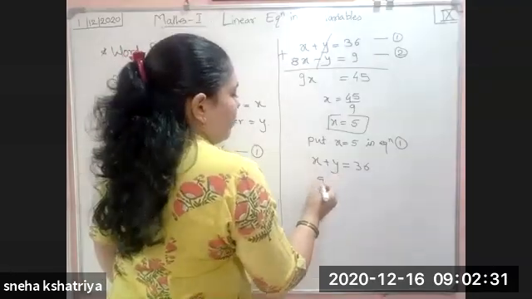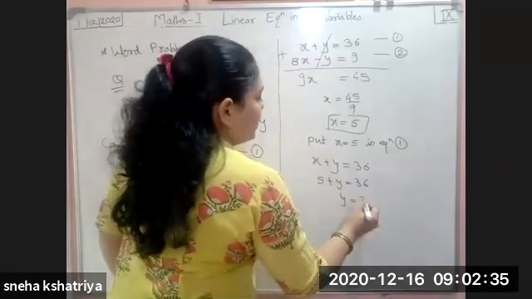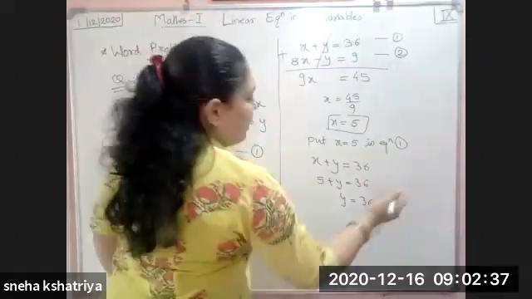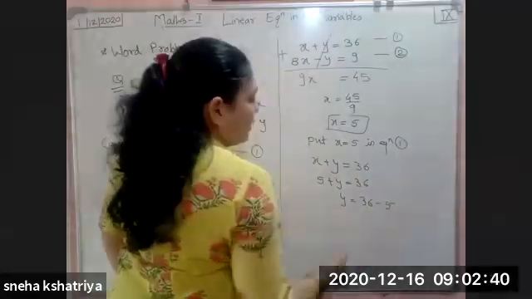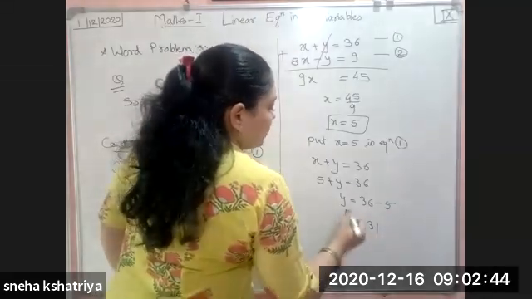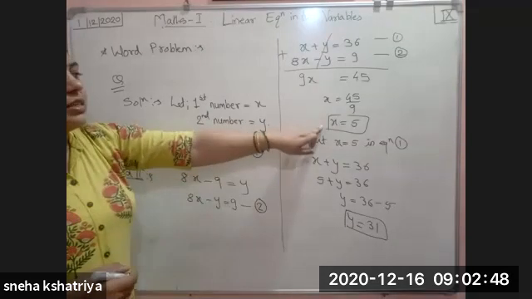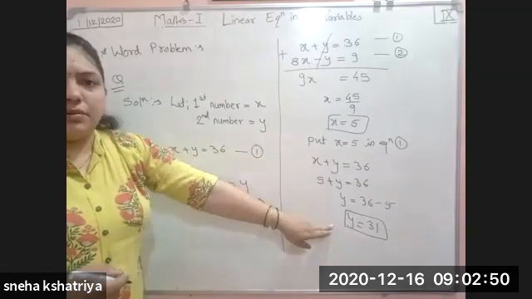Put the value: 5 plus y is equal to 36. So y is equal to 36, and this plus 5 shifts there and becomes minus 5. y is equal to 36 minus 5, it becomes 31. So these are the numbers. The first number is x is equal to 5, second number y is equal to 31.